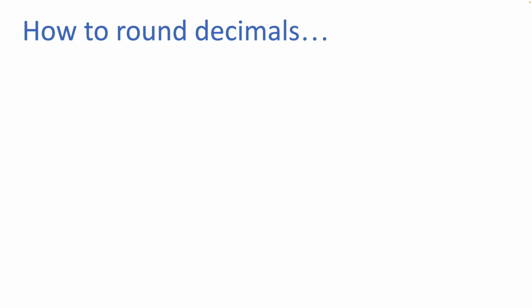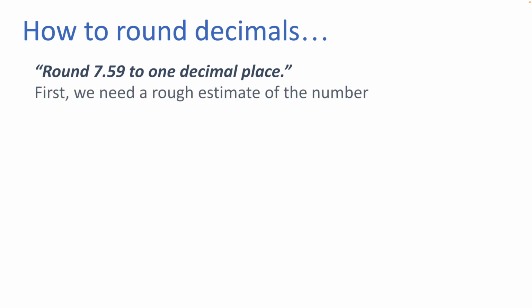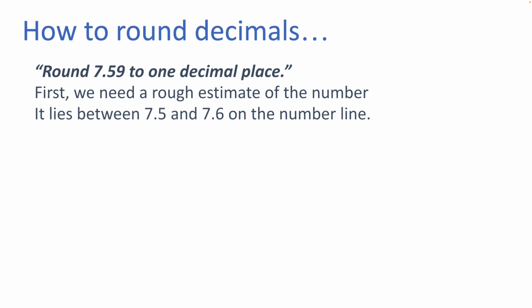So let's look at rounding decimals. Let's say we want to go to one decimal place, or we might also say to the nearest 10th. Then we're going to look at this number on a number line. We know it's going to lie between 7.5 and 7.6 on the number line.